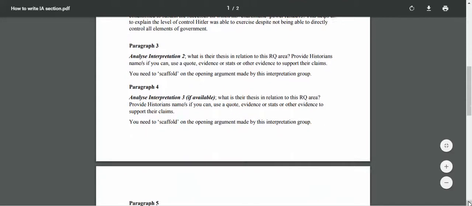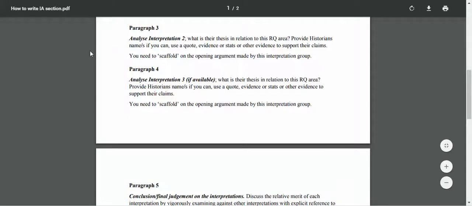As you then move to paragraph 3, you're moving on to look at a second factor, theme, or interpretation. Again, we would expect those two interpretations, the one from the previous paragraph and the one from this one, to have one of those two historians or historical sources that you refer to in section A. They've got to be really visible and explicit, but as I've just said, also be using others within these as well.